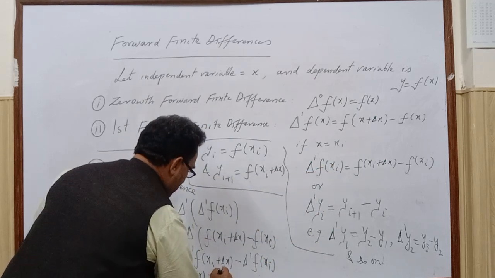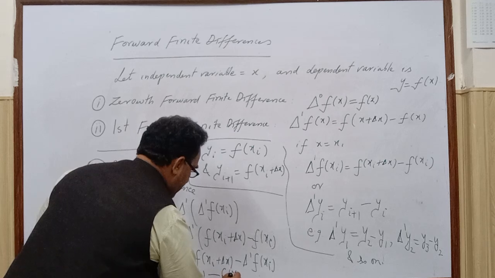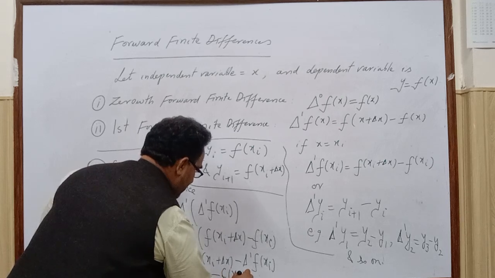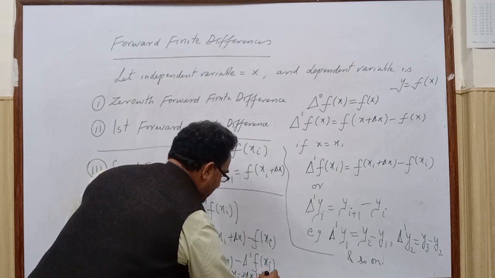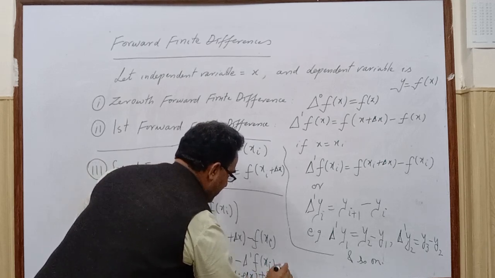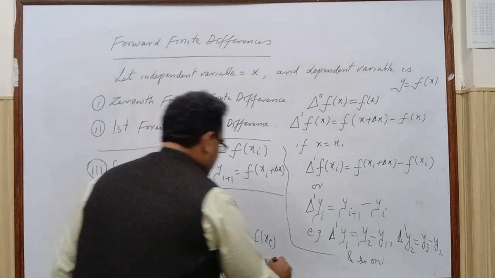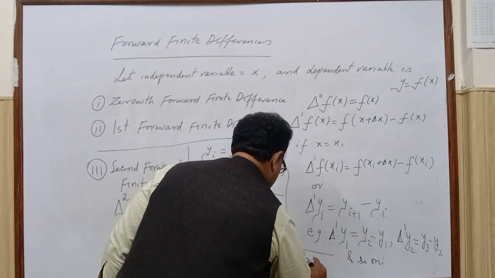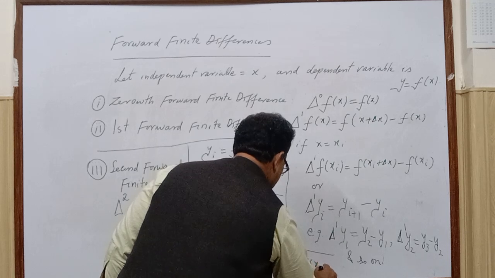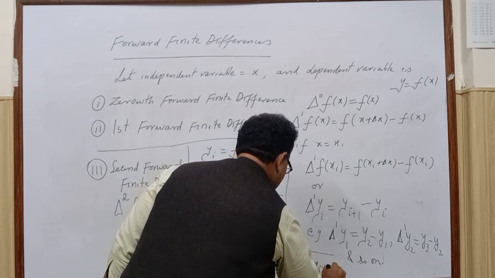This is what you say, f of xi plus delta x, and due to the negative sign this will become plus f of xi. Okay, and the result will be f of xi plus 2 delta x.